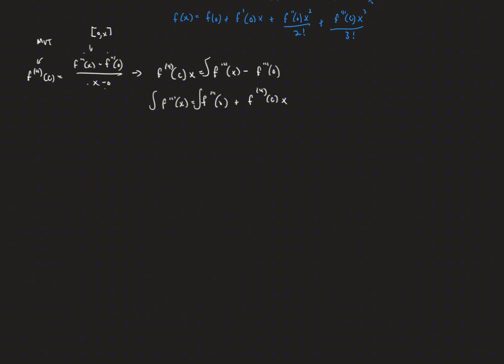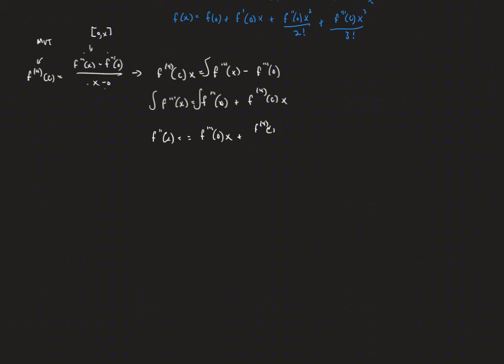And so the integral of the third derivative is going to be the second derivative. The integral of a constant, f triple prime of 0, with respect to x, is going to be f triple prime of 0 times x. And the integral of our x is going to be x squared over 2.